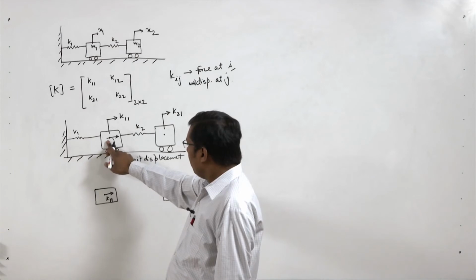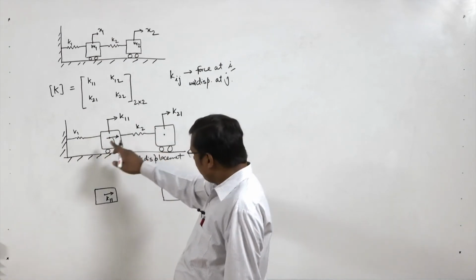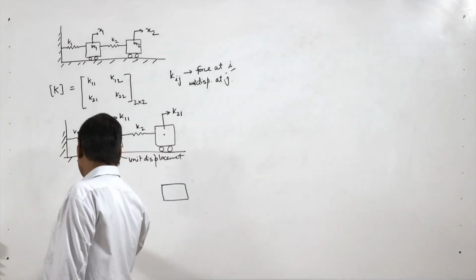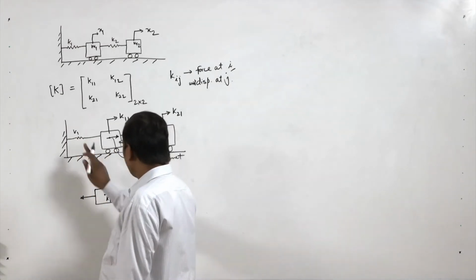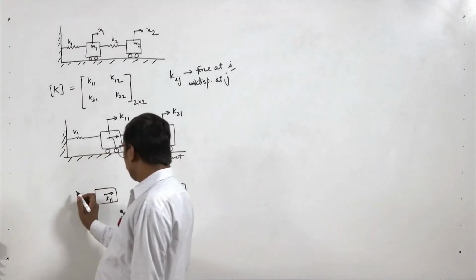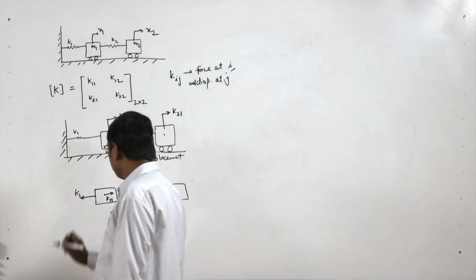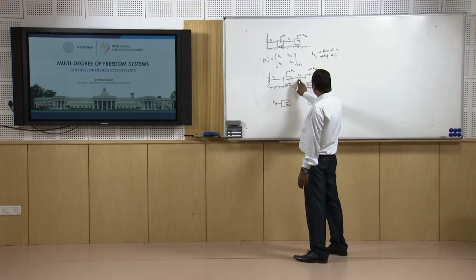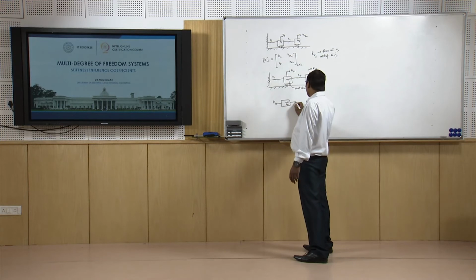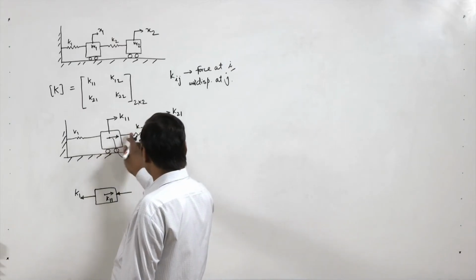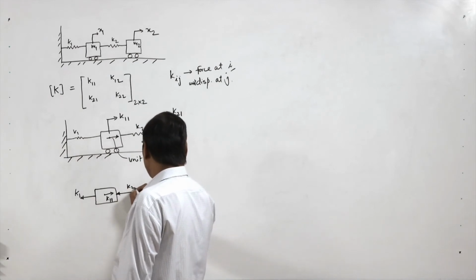When we give unit displacement, this spring will apply a force in the opposite direction, that is K1 into displacement, and the displacement is 1, so the total force is K1. Now we are compressing this spring, so this spring will apply a force K2 into displacement, and the displacement is 1, so this force is K2.